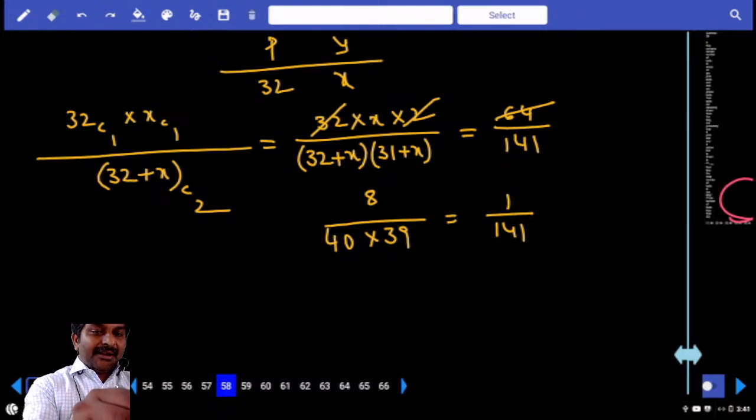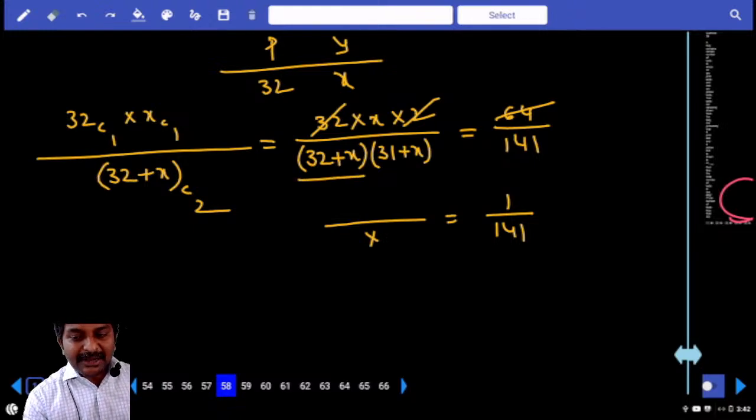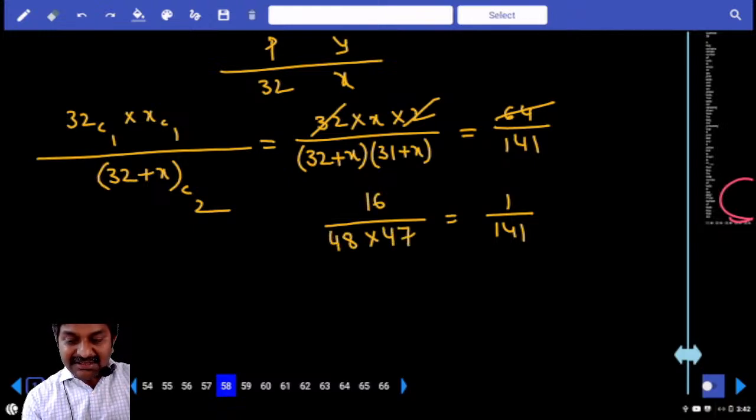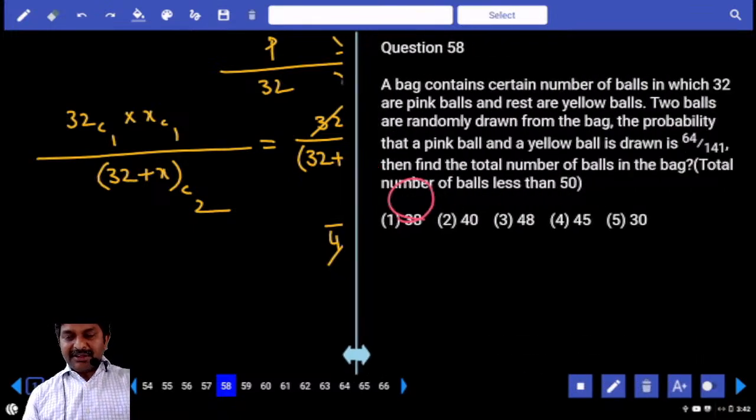No, eliminate. Next, what is the third option? If it is 48, 32 plus x is equal to 48, then x is equal to 16. The denominator is 48, one less than that is 47, and 16 is 3 times, so 3 into 47 is 141. Condition satisfied? Third option is the final answer.